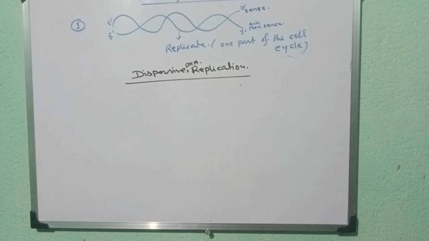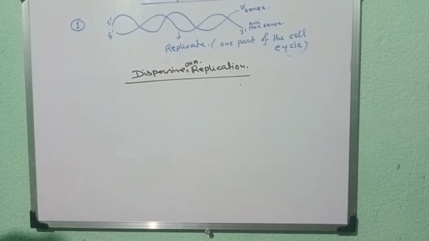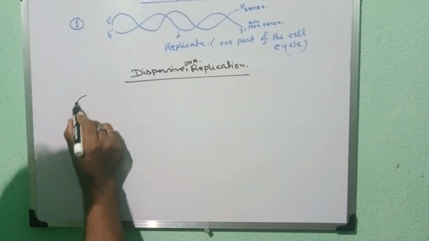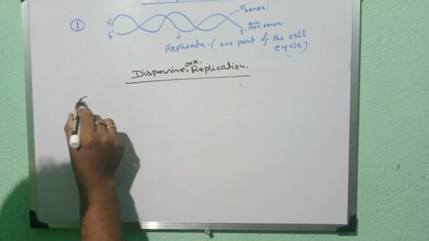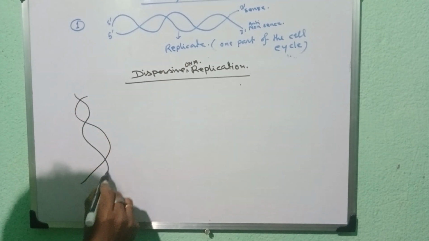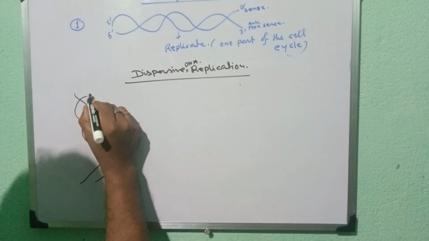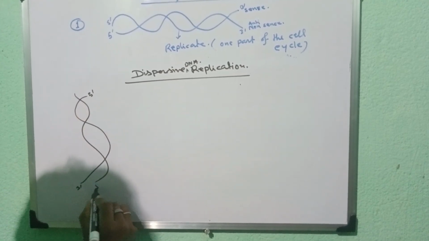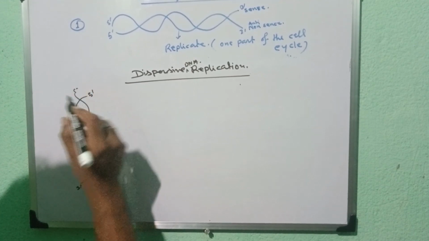This type of semi-conservative model will generate a mass where the unwound DNA hydrogen bond is broken, one strand is copied into short segments of nucleotides that are generated, and the network is separated. That means here two strands are there, two strands, two strands. This is the two strands of the DNA. It's 5' to 3', 3' to 5'. This is the two strands.